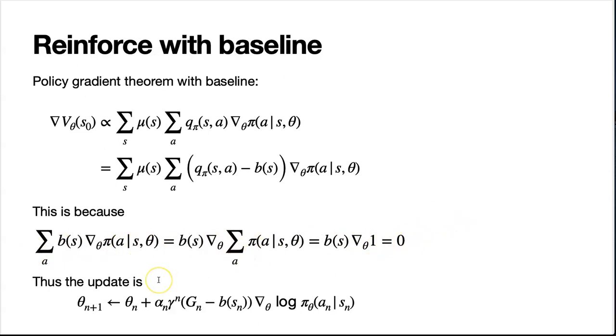Therefore, this new term that we introduce is effectively 0. This new update rule introduces a new function, which is known as the baseline function, in addition to the Monte Carlo estimate Gn. Because we subtract from the Monte Carlo estimate using this additional baseline function, the problem of variance has been shown to be much lower than the traditional reinforce algorithm in practice.